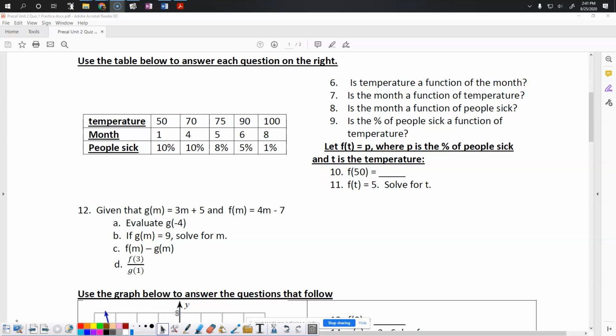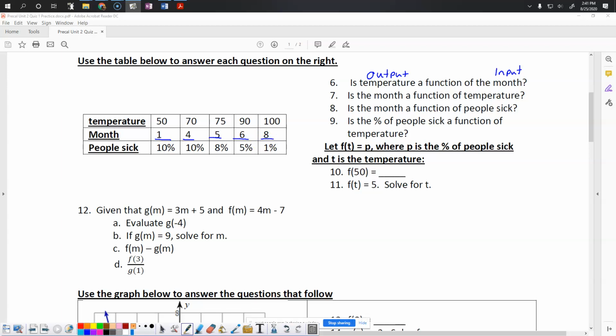Is temperature a function of the month? In other words, is it possible for temperature to be an output while the month is an input? Well, inputs can only have one output. So let's take a look at the months here.